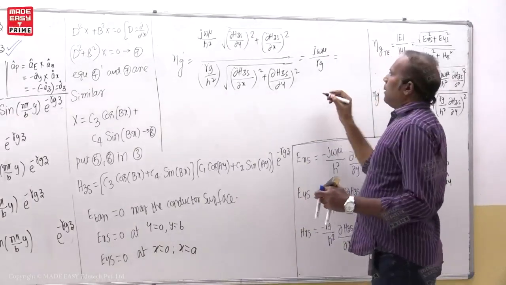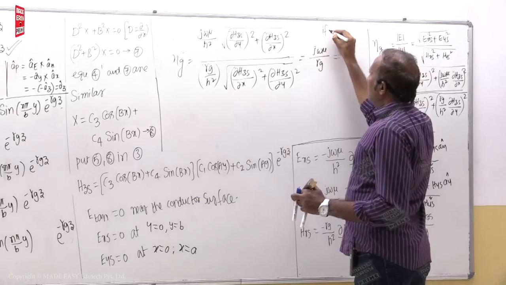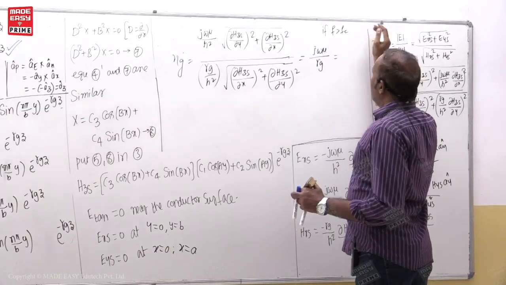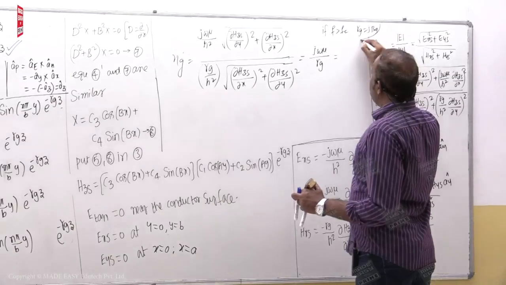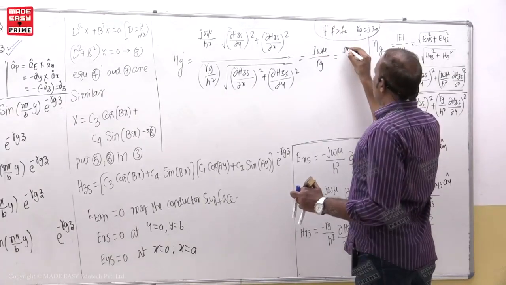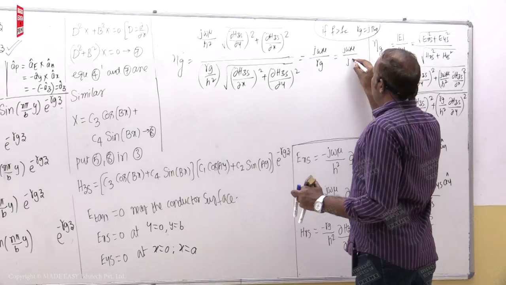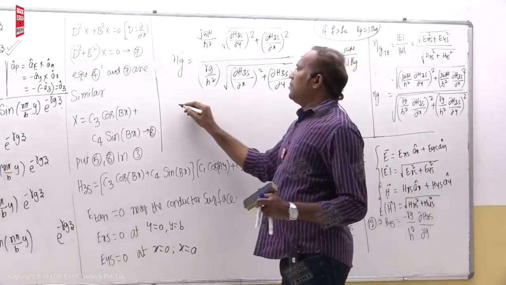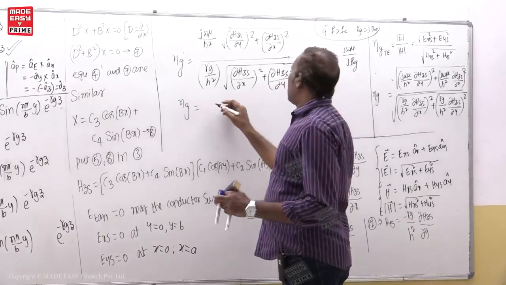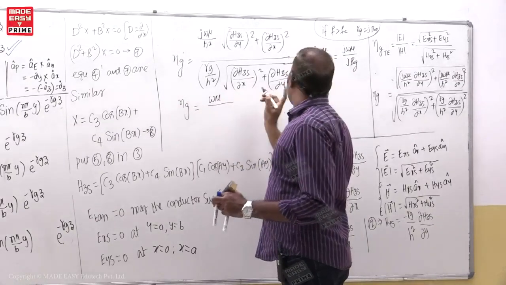If f is greater than fc, then gamma g is purely imaginary, j beta g. So j omega mu divided by j beta g, j cancels, and eta g is equal to omega mu divided by beta g.